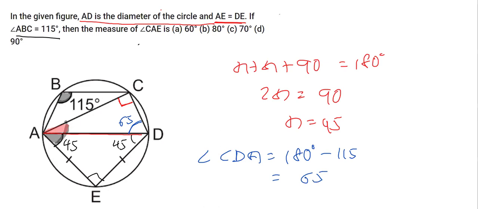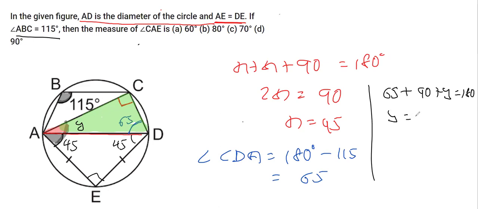Now what I'm going to do is apply the angle sum property. So we'll apply the angle sum property in this triangle. In this triangle, we know the value of two angles. One is 90 and the other is 65. So we can get the third angle, and the third angle can be calculated using this property, that is the angle sum property. So I can say over here that 65 plus, say this angle which is missing, I'm naming it Y, plus 90 should give you 180 degrees.